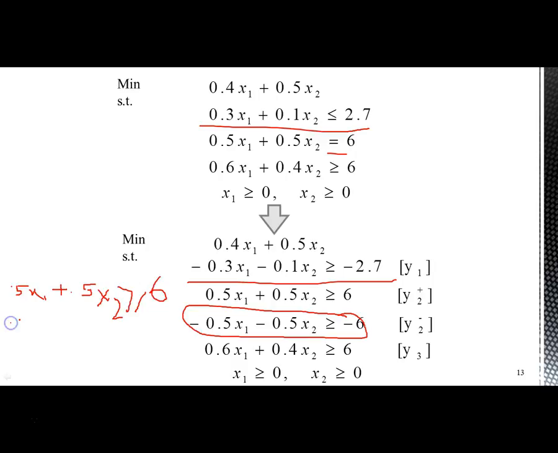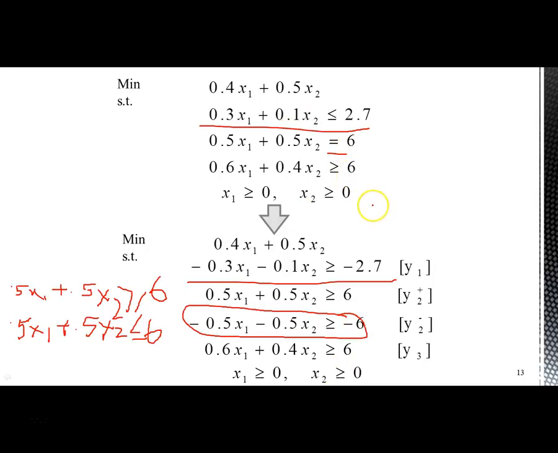Another one is 0.5x1 plus 0.5x2 less than or equal to 6. So we already have the greater than or equal to. To make the second one greater than or equal to, we have to multiply by negative one on both sides. And the last one will remain unchanged.